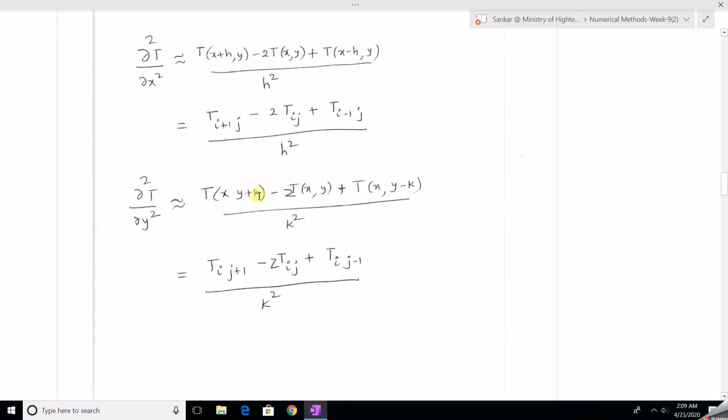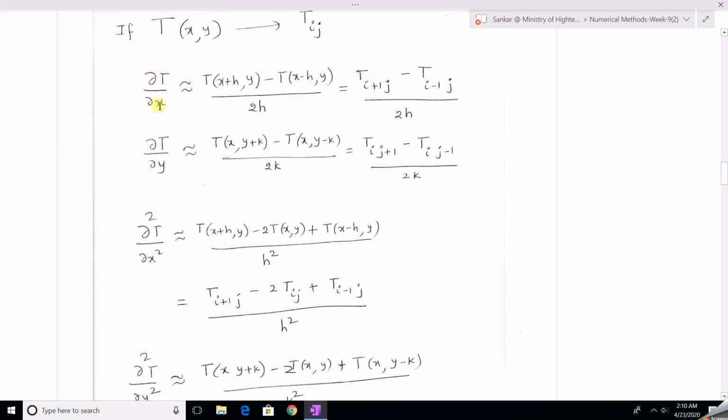Minus 2 times t of xy is t i j, plus t of x, y minus k is t of i, j minus 1. So it is the previous point, which we write as j minus 1, and the next point y plus k we write as j plus 1, over k square, where k is the spacing along the y axis.